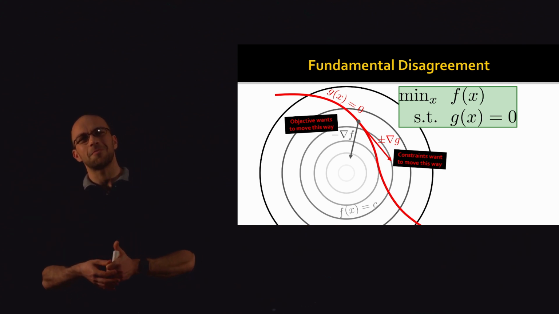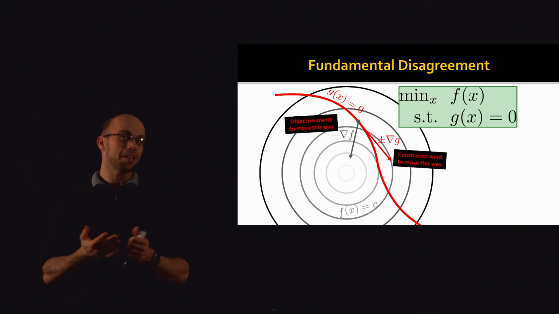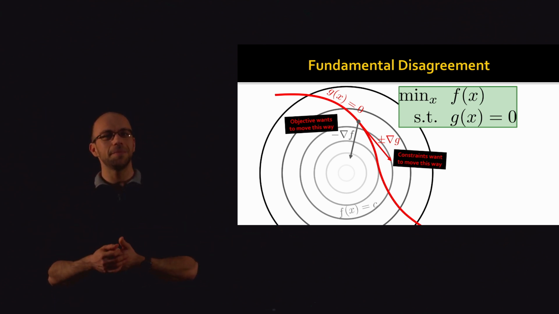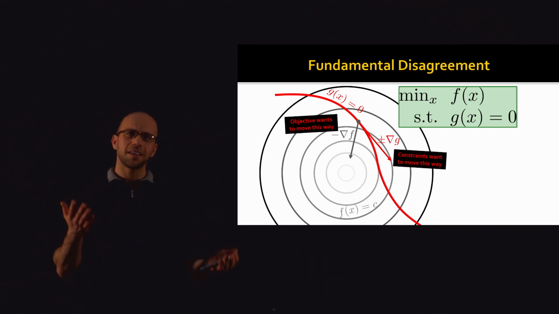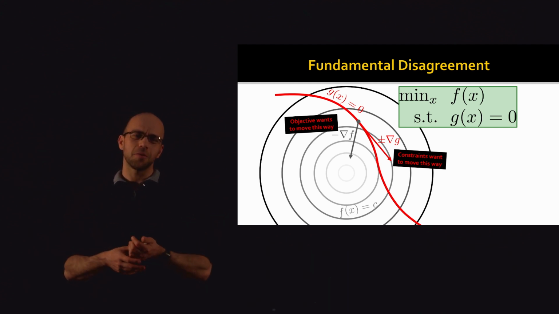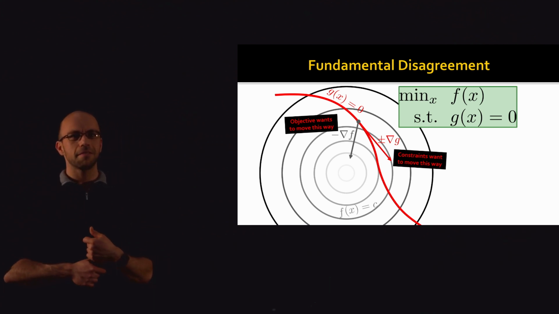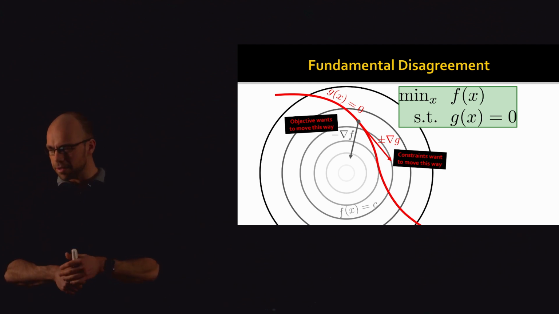So what happens? Well, if I wanted to decrease my objective, in other words, move in the minus gradient direction, like what I'm showing you in this gray arrow here, that direction doesn't act compatibly with the directions that I can move and maintain this g of x equals 0 constraint. And so at the end of the day, these two things are competing with one another.